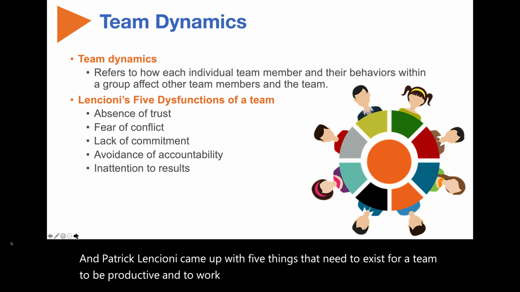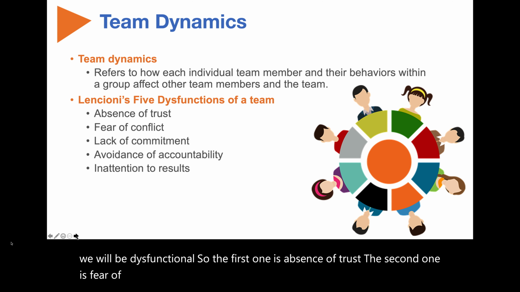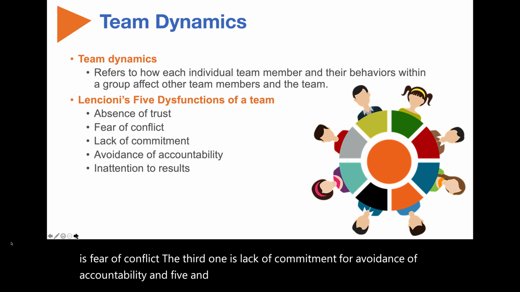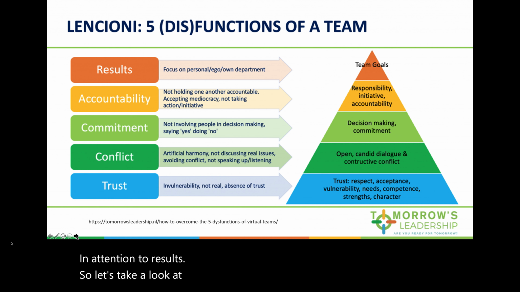And if we don't have those 5 things, we will be dysfunctional. So the first one is absence of trust. The second one is fear of conflict. The third one is lack of commitment. 4, avoidance of accountability. And 5, and finally, inattention to results. So let's take a look at that in a little bit more detail.